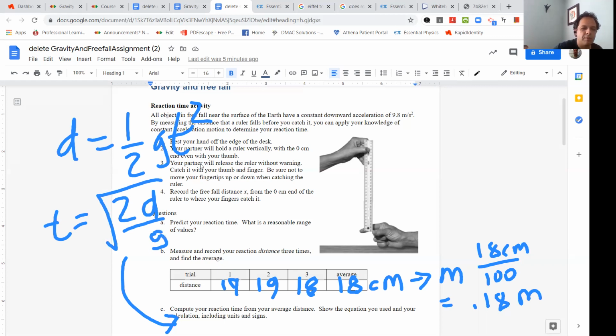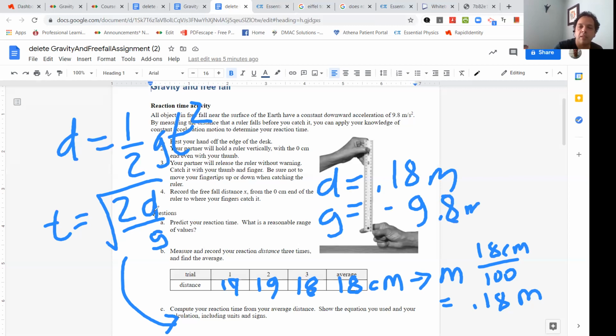This is the formula you want. You put the 0.18 meters in for the distance, and gravity is always negative 9.8. Plug them into the calculator, and you should get your time.